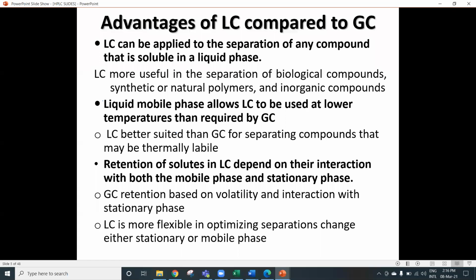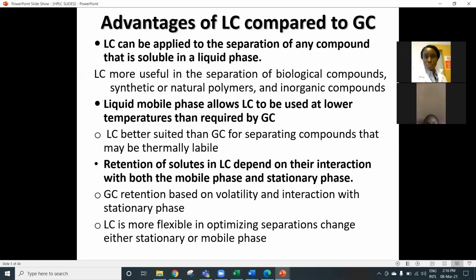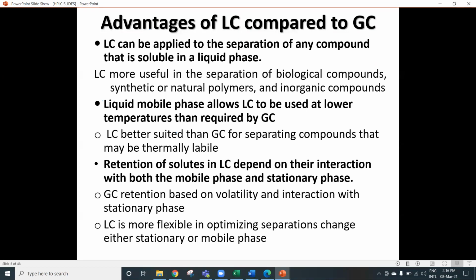So in GC, retention is based on volatility and interaction with the stationary phase, while in liquid chromatography, there's lots of optimization that can be carried out either on the mobile phase or stationary phase.